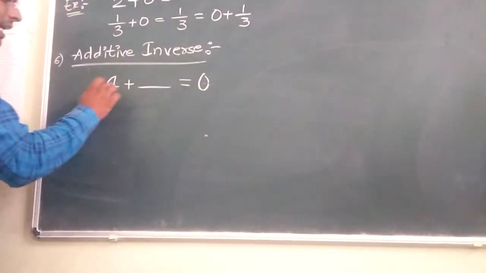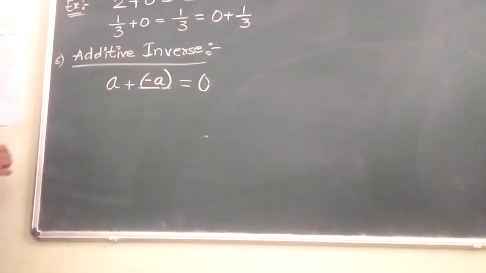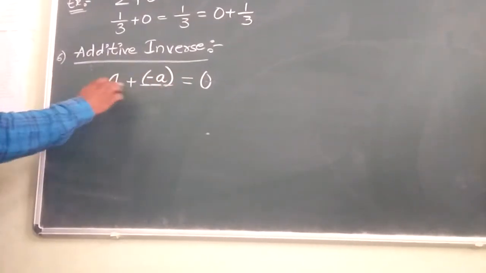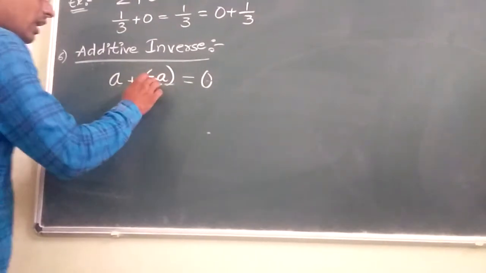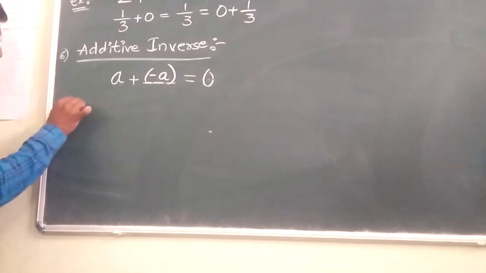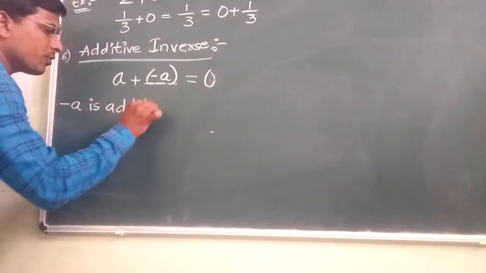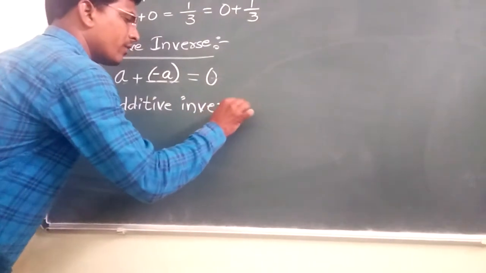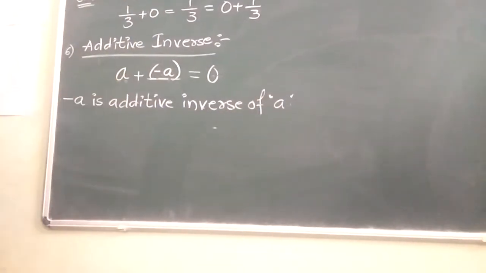So that is a plus of minus a: the same number but the sign should be opposite, then only the sum will be 0. a plus of minus a is equal to 0. Then we can call minus a the additive inverse of a. Here a is any rational number.